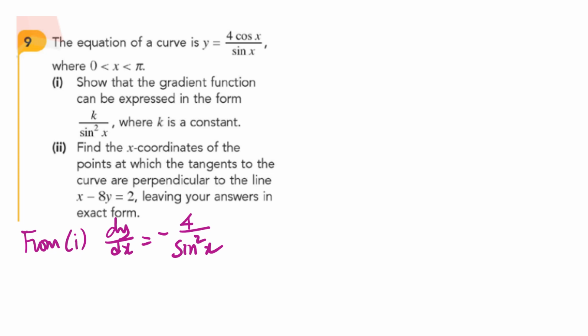Right, so from part 1, we have managed to find your gradient function, which is your dy dx, and we found it to be negative 4 over sine square x. So let's look at what we need to do for part 2. Part 2 is pretty wordy. You will have to find a tangent, and this tangent is perpendicular to a line. If you find this very wordy, I would advise you to just do a simple sketch.